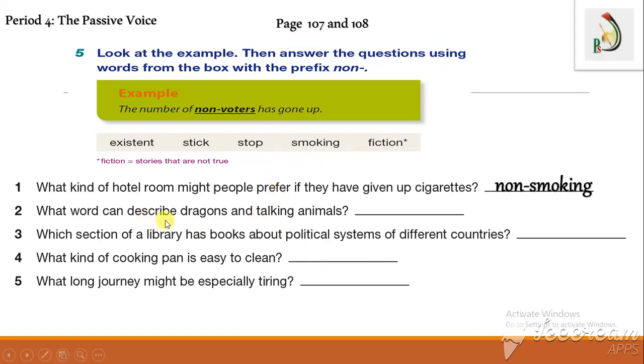What word can describe dragons and talking animals? Do they exist? No, they are non-existent. Which section of a library has books about political systems of different countries? Non-fiction.